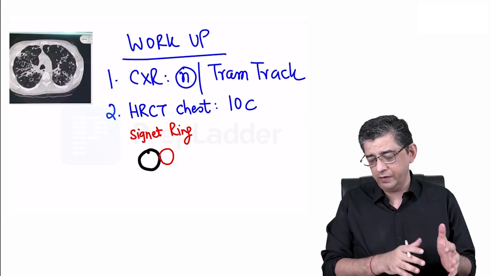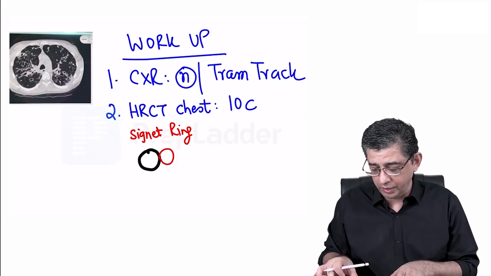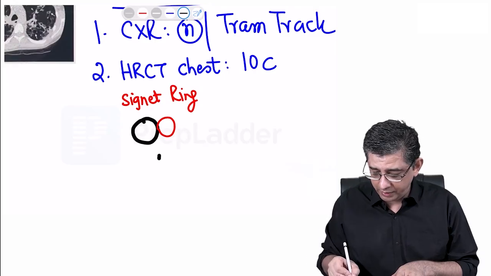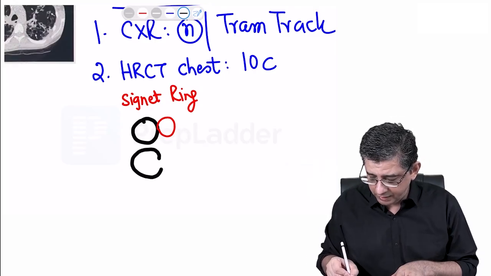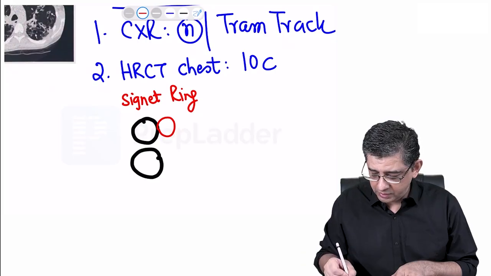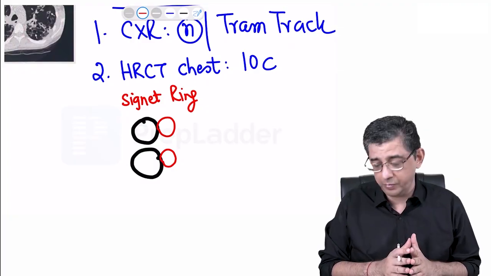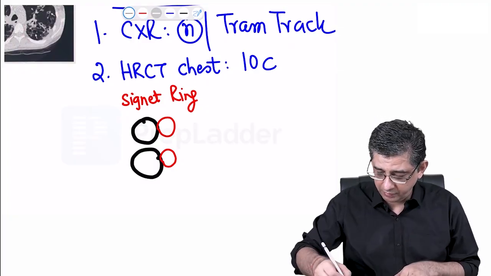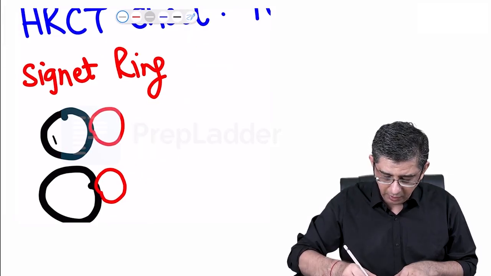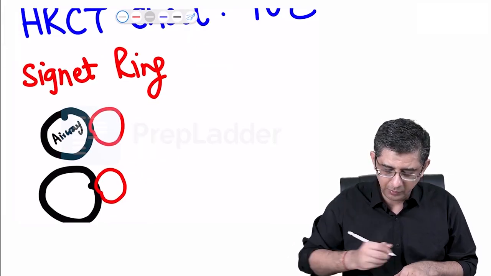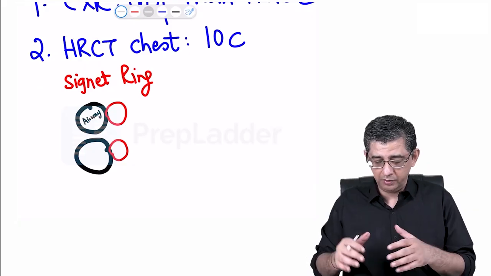This is relatively normal, but in bronchiectasis, this airway will be grossly dilated. So this looks like a wedding ring, right? So signet ring appearance comes up here because of the airway of the patient. I'll just mention the word airway here as well for representation purposes.